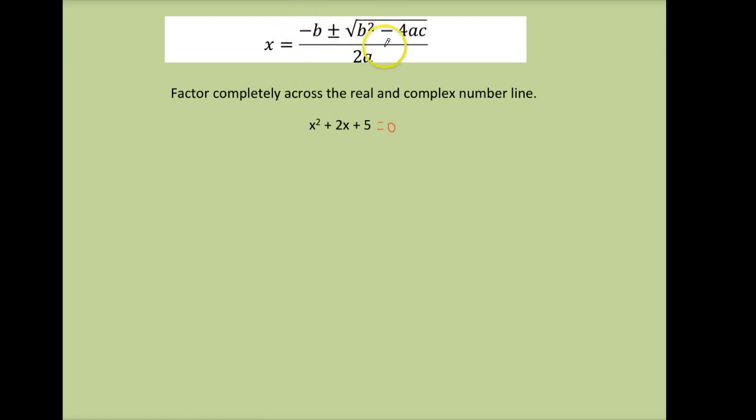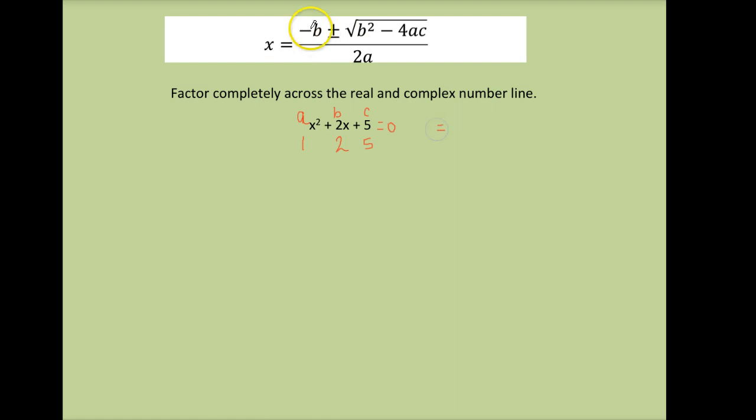Now what do the a, b, and c stand for? A is the number in front of x squared. B is the number in front of x, or the coefficient of x, and c is our constant term. Okay, so in this case a would be 1, b is 2, and c is 5. We go ahead and put those into the quadratic formula.